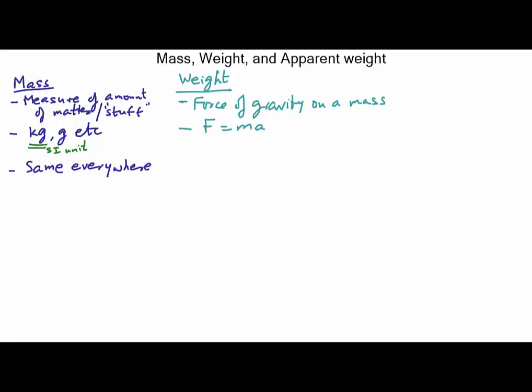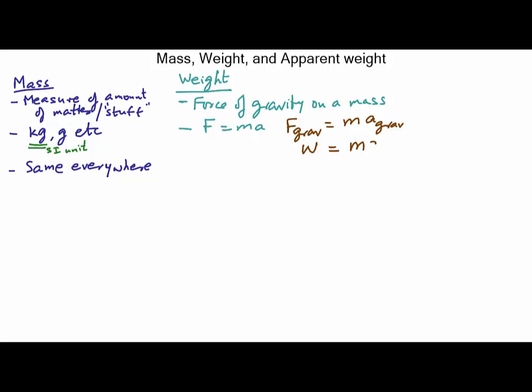When we take a very specific version of that and we want the force of gravity on a mass, that force would equal the mass times a very specific acceleration. That would be the acceleration due to gravity. And so this force of gravity is called the weight. That would be mass times acceleration due to gravity.